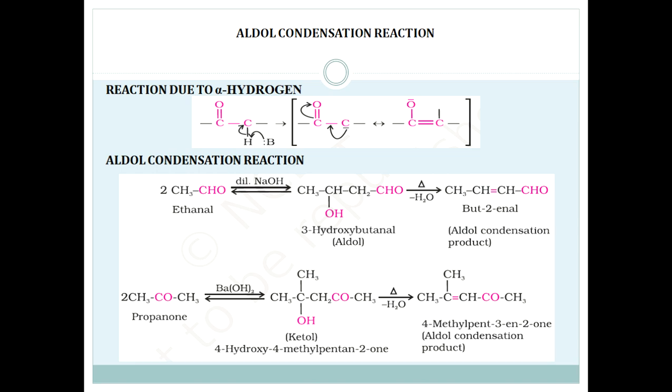Aldehydes and ketones having at least one alpha hydrogen atom undergo a reaction in the presence of dilute alkali as catalyst to form beta hydroxy aldehydes, that is aldols, or beta hydroxy ketones, that is ketols. This is known as aldol reaction.